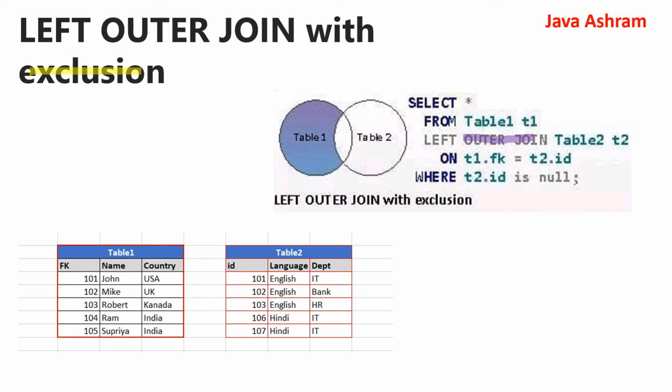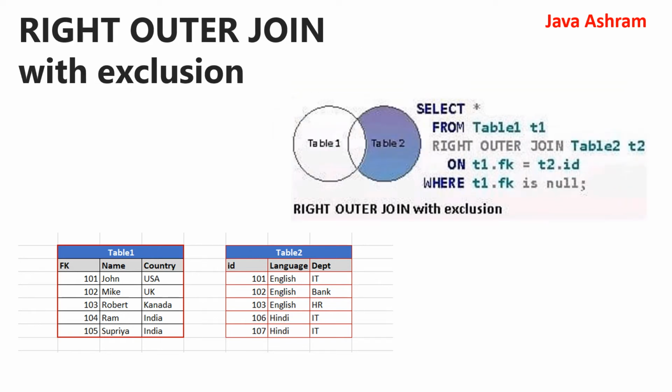This is the one you should be finding out, right? Using the left outer join, this will give you the data from table 1 and the data that should not be part of table 2. Next, go to the next.